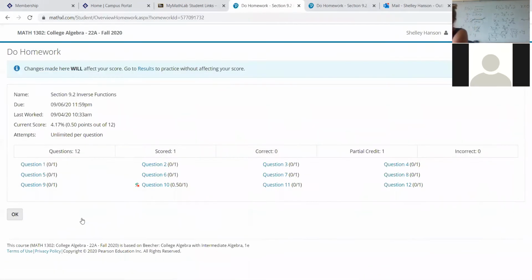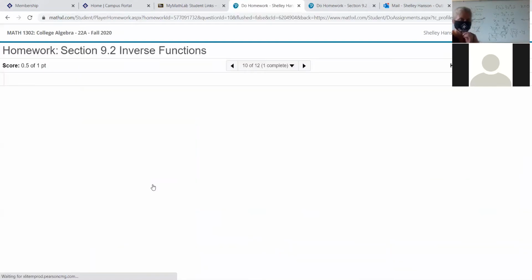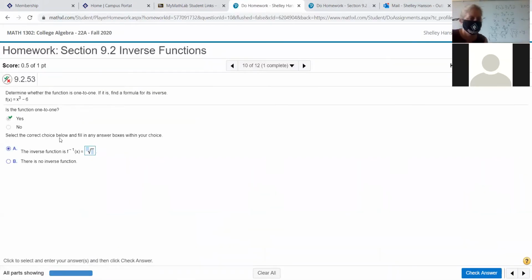On number 9.2, remember how number 10 had a cube root in its answer. So the first thing it's going to ask you if it's 1-to-1. So you would check yes, it's 1-to-1. Then select the correct choice. So see what I have put right here?